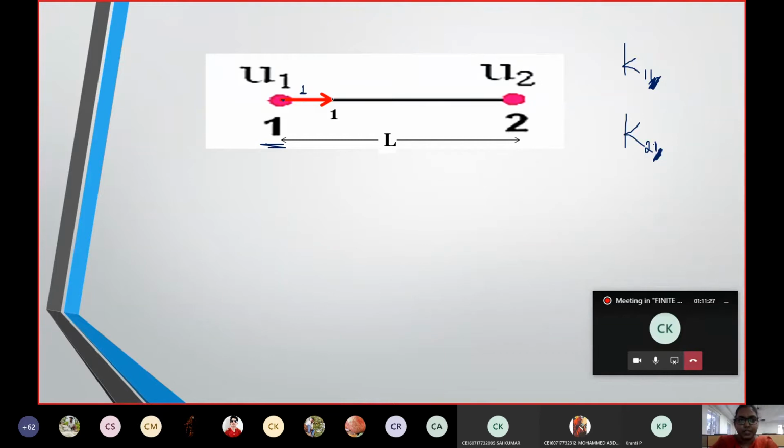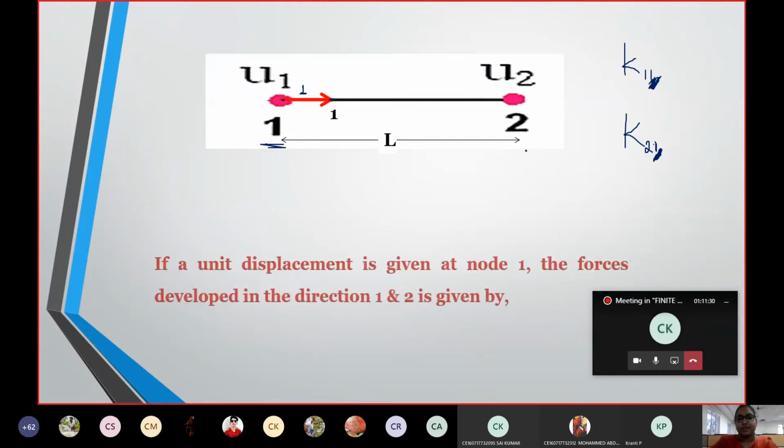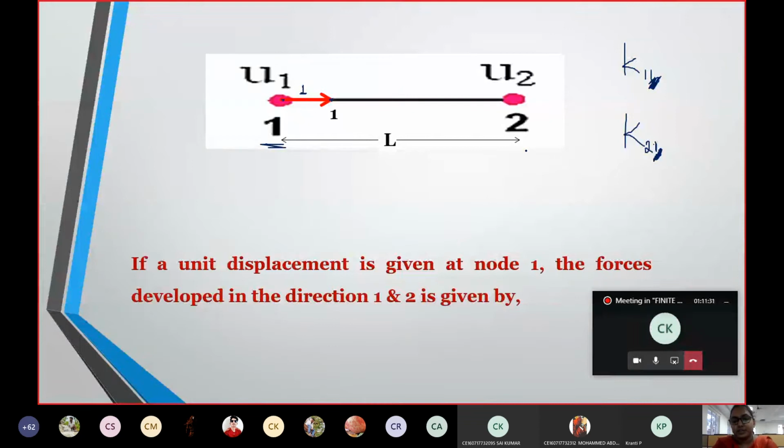We have already seen that if a unit displacement is given at node 1, K11 is AE by L. We already saw that for a unit displacement, the force P is equal to AE by L. Here our P is K11, the force required at coordinate 1 due to the unit displacement at coordinate 1 itself.